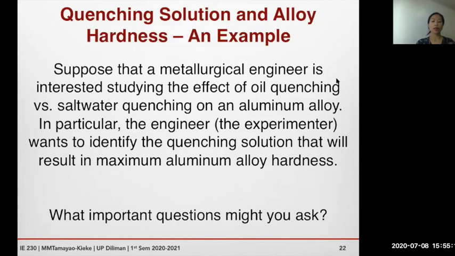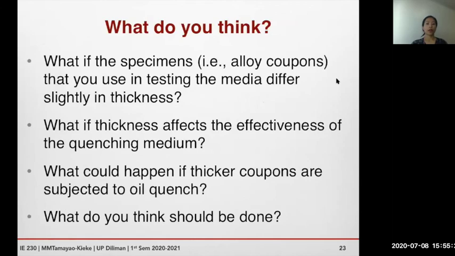Before you proceed, you might want to take a pause to ask what could be the important questions that you should be asking when designing this experiment. But in the context of the discussion on principles of experimental design, in particular randomization, let's think about the following questions.